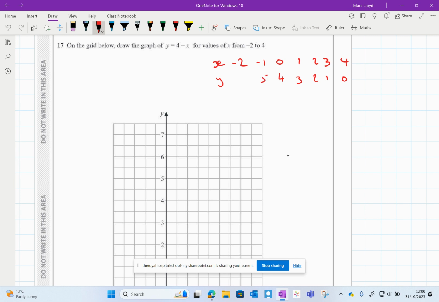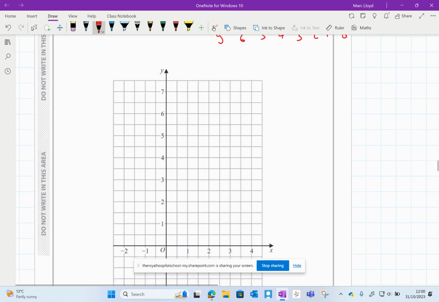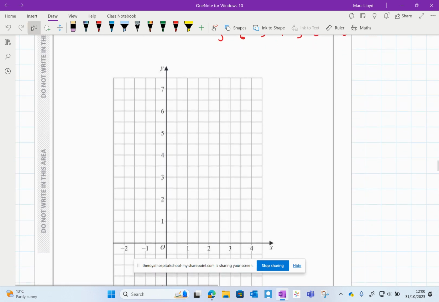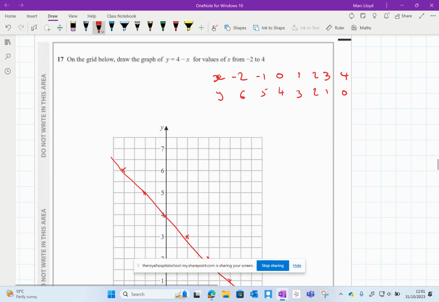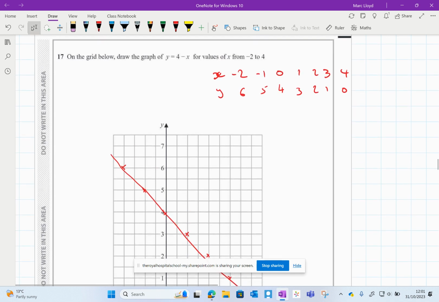And then you can see a nice pattern that's just going up in ones. Okay, so at 0, 4, minus 1, 5, minus 2, 6. Lovely. That is going down nicely. And then I'm going to draw the straight line all the way through. You will use a ruler and you will use a pencil when you're drawing that one.